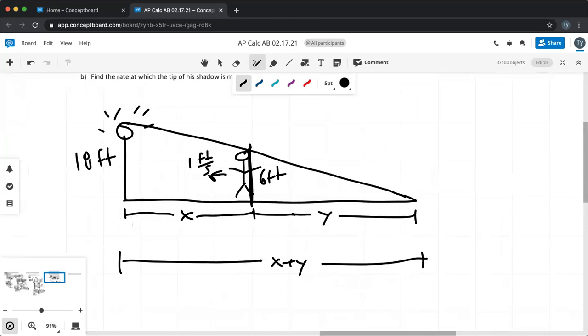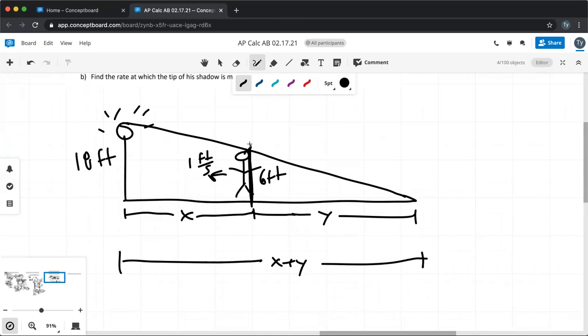A key observation here is that because the man is standing straight up and because the light post is presumably straight up, these are parallel lines.